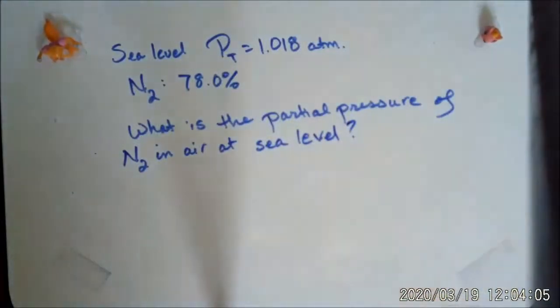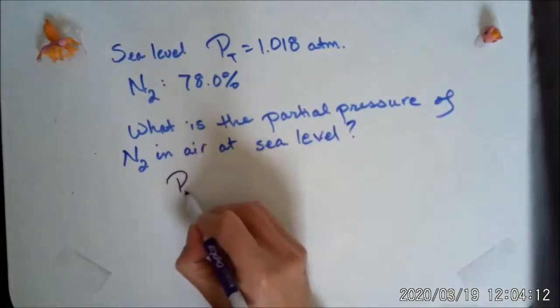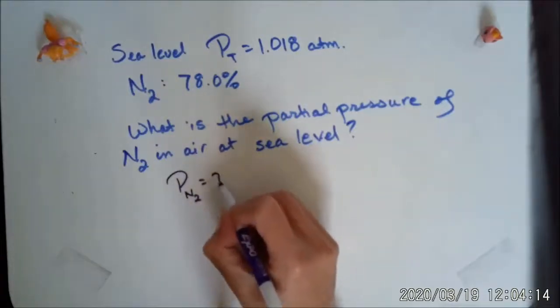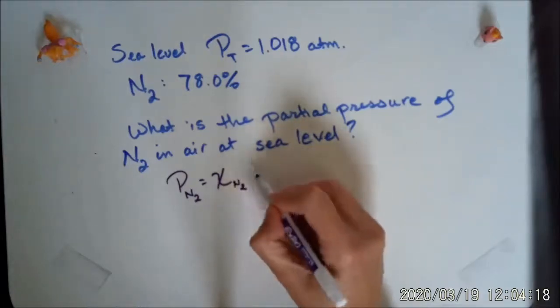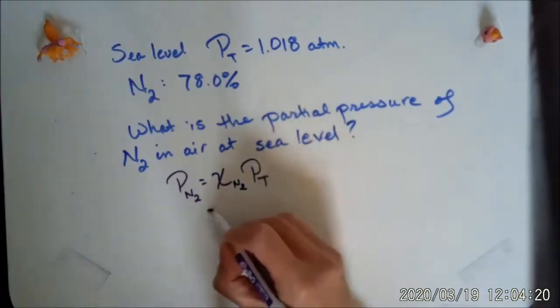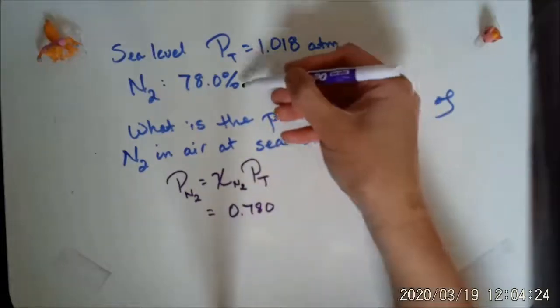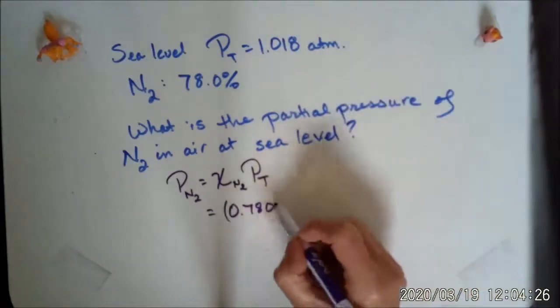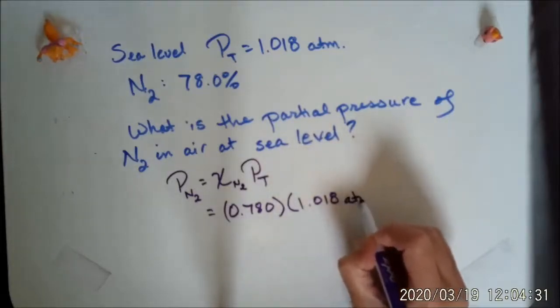In order to solve this, we know that the partial pressure of nitrogen is equal to the mole fraction of nitrogen in air times the total pressure. So we know 0.780, because I converted that to a fraction, times 1.018 atmospheres.